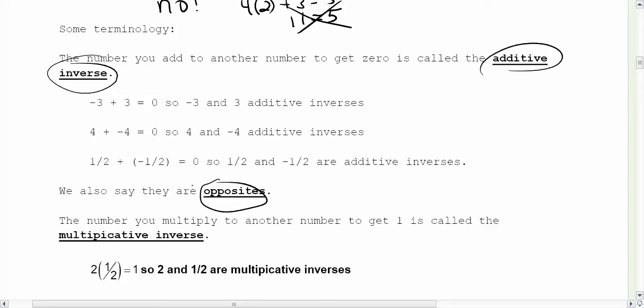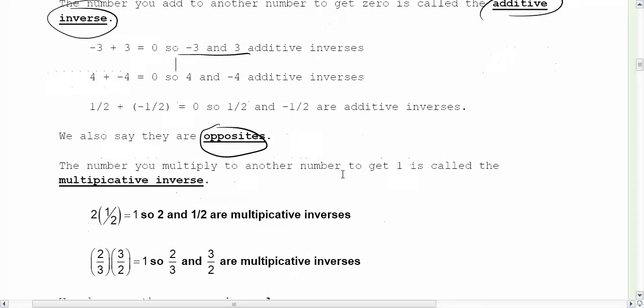For example, since when you add minus 3 to 3, you get 0, minus 3 and 3 are additive inverses, or we're probably going to be saying opposites. 4 plus minus 4 is 0, so 4 and minus 4 are additive inverses. Fractions, the same thing. 1/2 plus minus 1/2, we will soon find out, is equal to 0. So 1/2 and minus 1/2 are additive inverses. But again, we often just refer to these things as opposites.